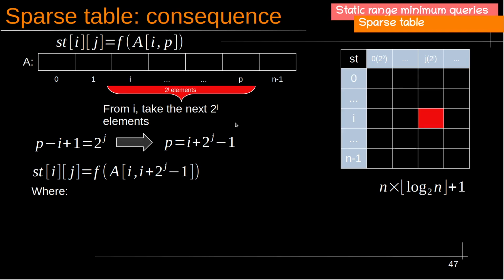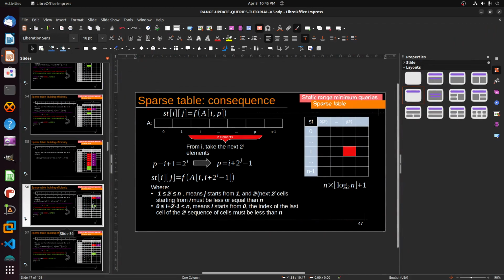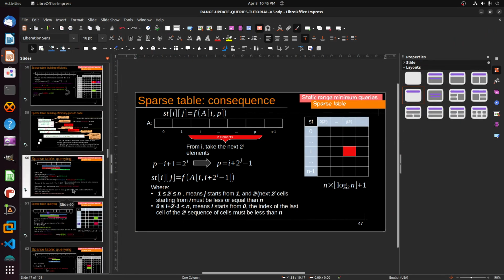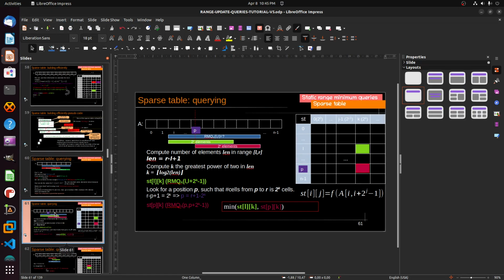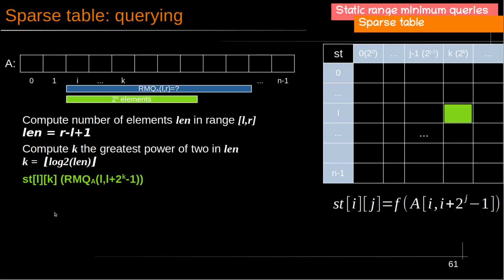And when we query, what's the starting position of the next 2 power j elements, the second range?